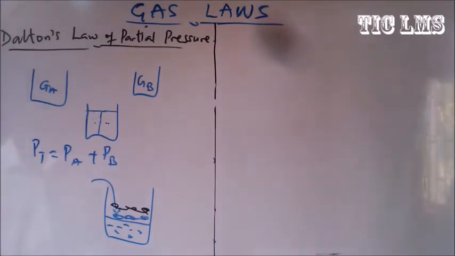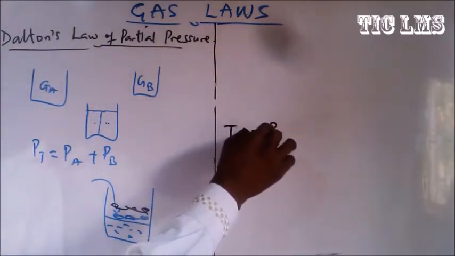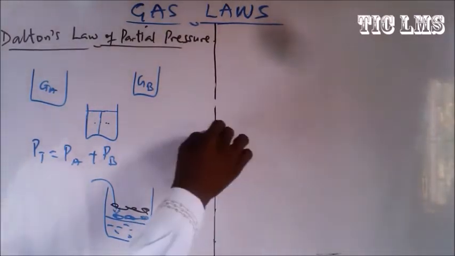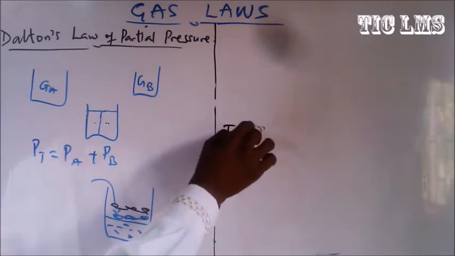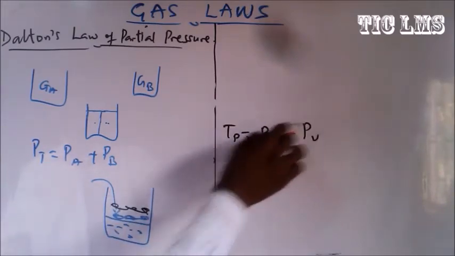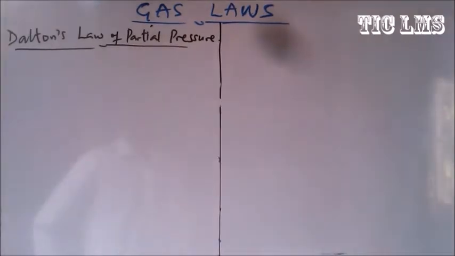We will have 2 pressures. So the total pressure will be pressure of the gas plus pressure of vapor. And so we'll have a total pressure which is the partial pressure of the gas which is collected plus the partial pressure of the vapor inside the container. That is Dalton's law of partial pressure.